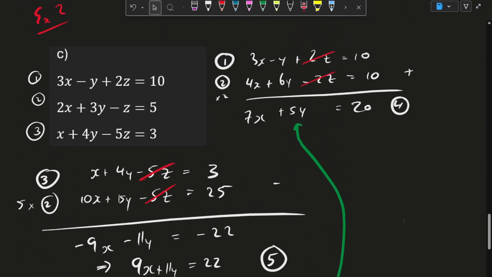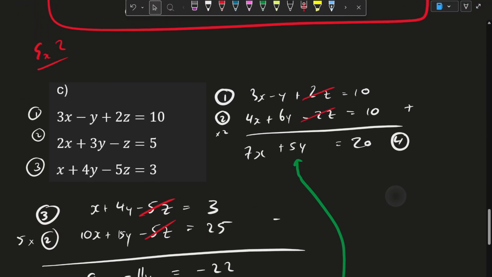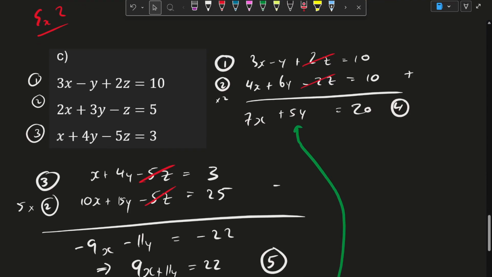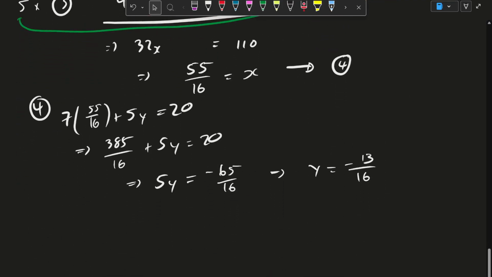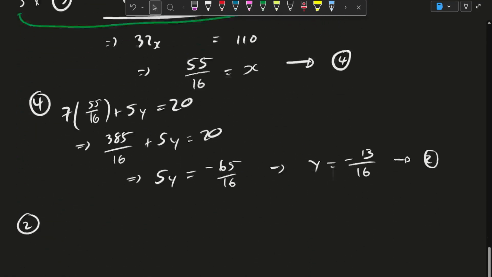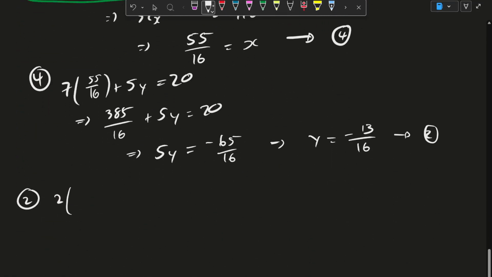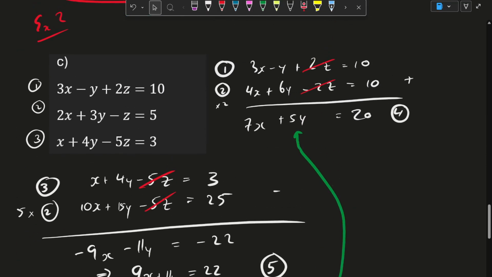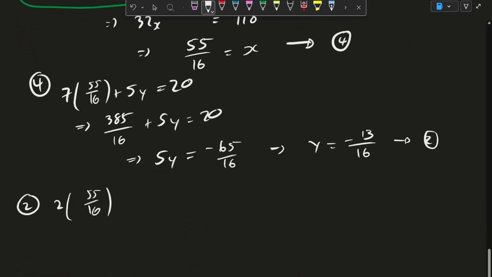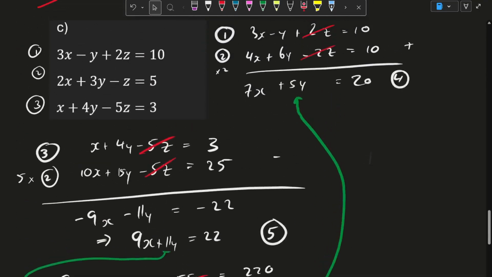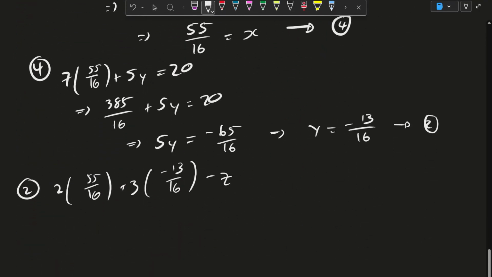And now with that information, we can sub into any of the other equations. Now, ideally, because we want z, let's sub into equation 2 to save us on a little bit of multiplication. So what equation 2 is now going to read is 2x, which is 55 over 16, plus 3y, so that's plus 3 times minus 13 over 16, minus z is equal to 5.